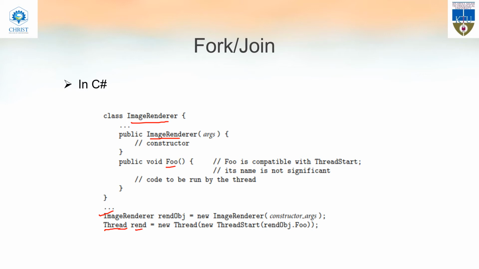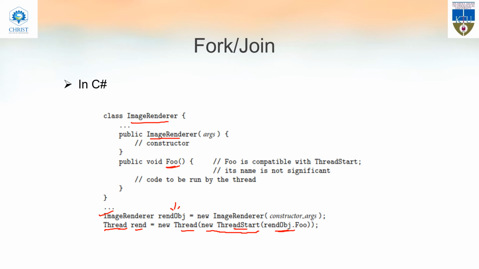The specialty is that for this thread object, as an argument, you will be sending new thread start and also the function that needs to be executed as a thread. The function is rend object dot foo, and rend object dot foo will be passed through it.